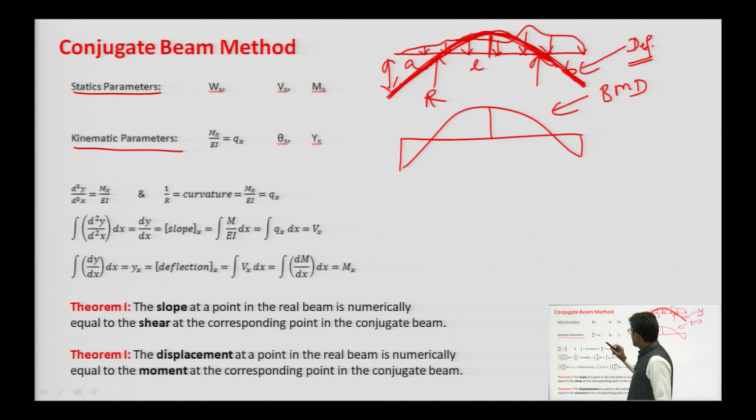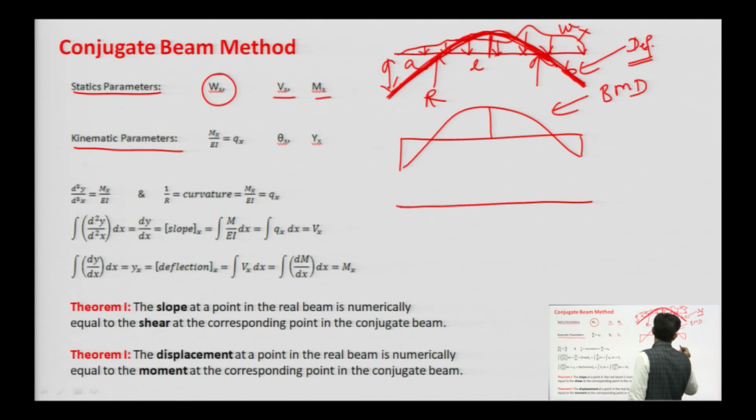So the static parameter is loading, whatsoever the loading is, say Wx is the loading. Next, the bending moment we have plotted, and the shear force, we can also have the shear force, the SFD.